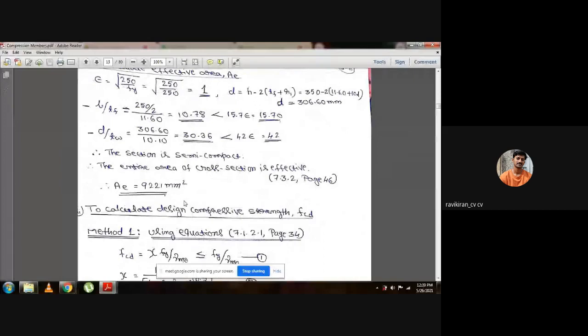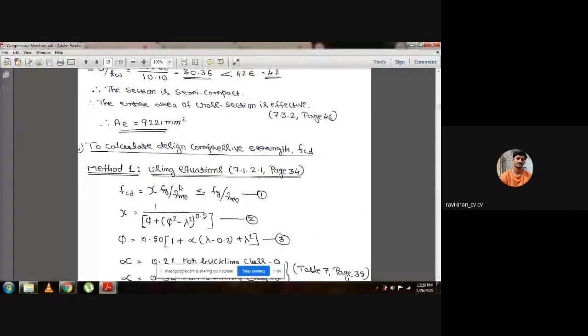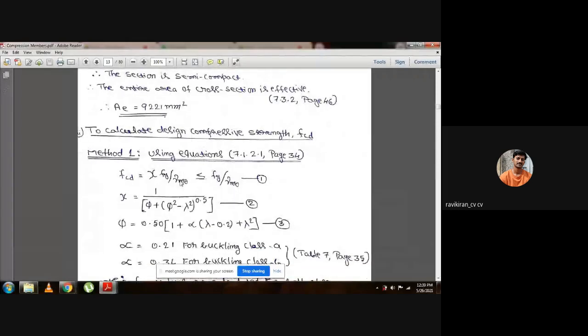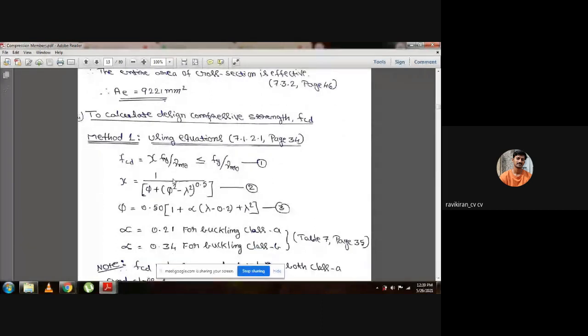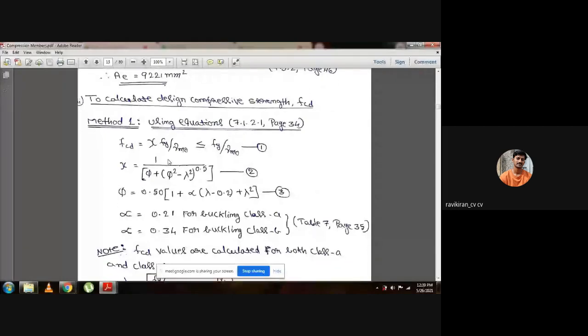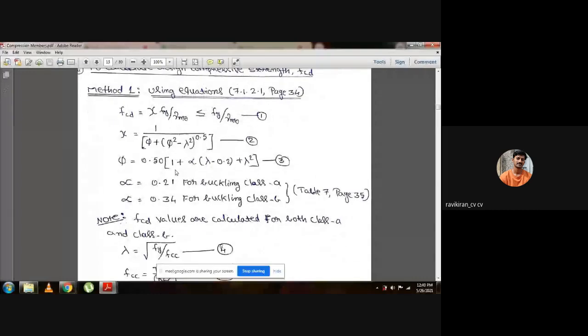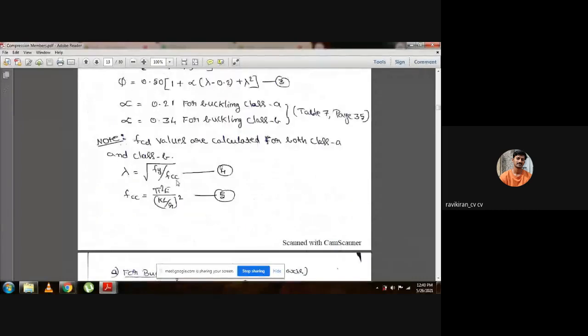And next, to calculate FCD value or design compressive strength, we have two methods. Method 1 is going through these steps, which is given in page number 34, that is clause 7.1.2.1. Just follow the steps. This is method 1, which is very lengthy.